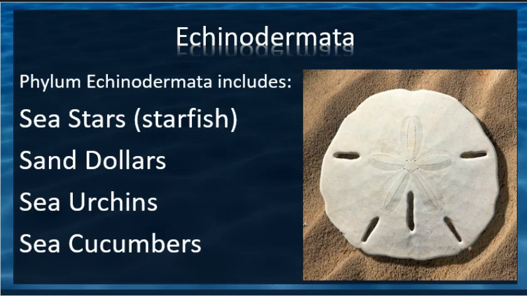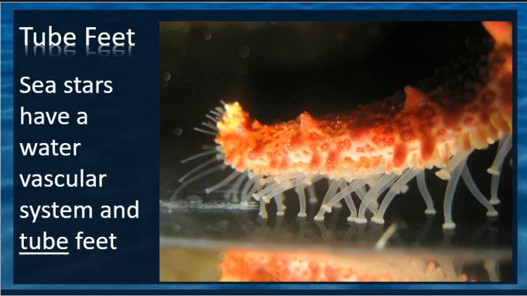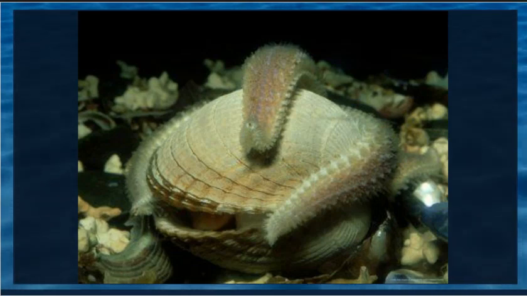Okay, we good? There's our urchins and our cucumber. Okay, tube feet, we got that? They use that to create a very strong pull, and we can see a starfish right here opening up a clam, which is really hard to open. And then crazy deal, the sea star, the starfish, sends its stomach out of its body into the clam and eats it in there, and then sucks its stomach back in.